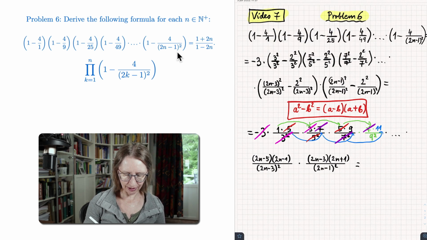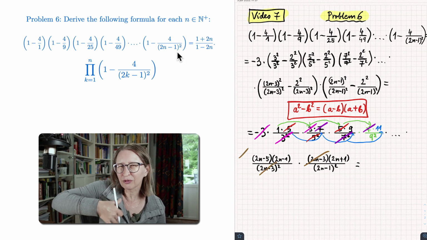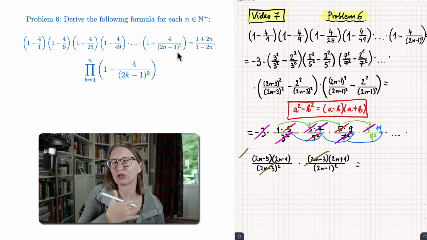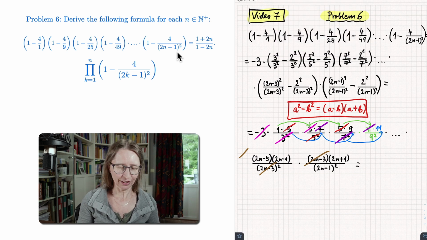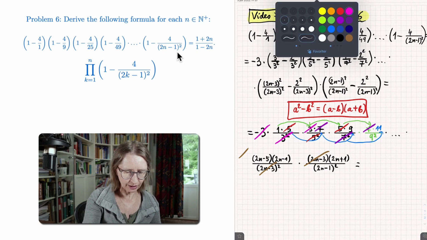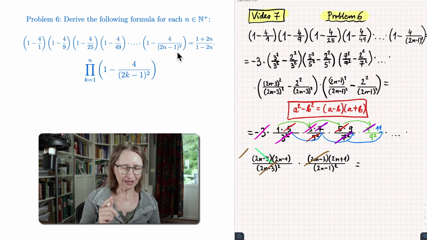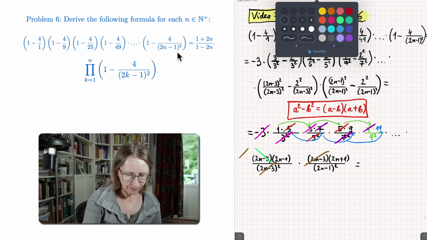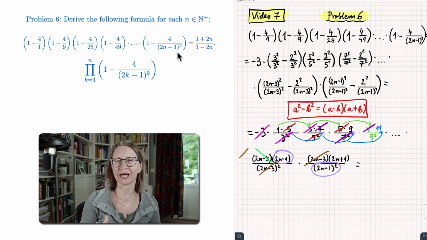So what's happening at the end? At the end you see that this will disappear with the one which was one step before, but we didn't see it. Now 2n minus 5 will also disappear with some factors which will come before. So this one will disappear, but now we have to be careful. Why? Well, because we have a 2n minus 1 here and 2n minus 1 all squared here.